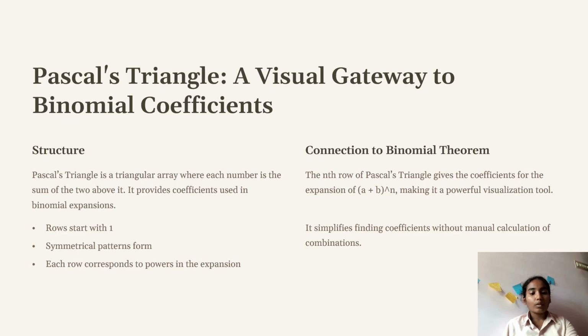Each row corresponds to powers in the expansion. Connection to binomial theorem. The nth row of Pascal's triangle gives the coefficients for the expansion of (a + b)^n, making it a powerful visualization tool. It simplifies finding coefficients without manual calculations of combinations.